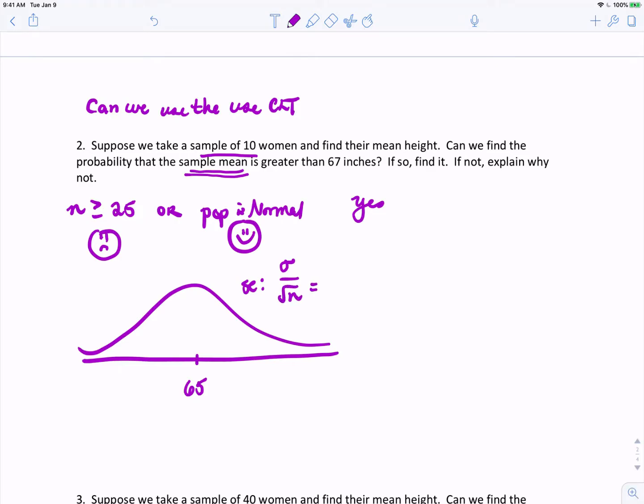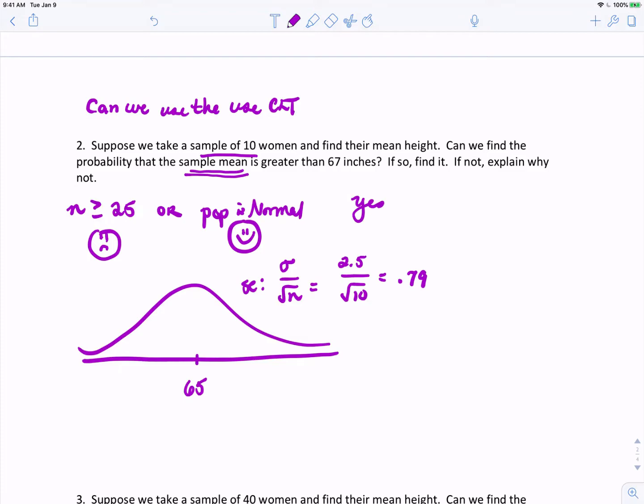So the standard deviation of this distribution, which is not the same as the parent population distribution, is 2.5 divided by the square root of 10, which is about 0.79.